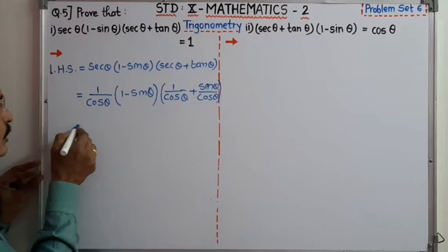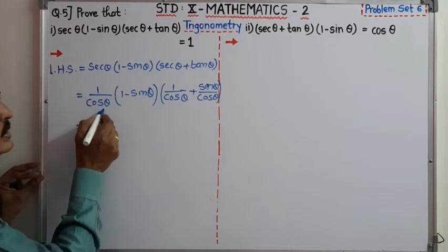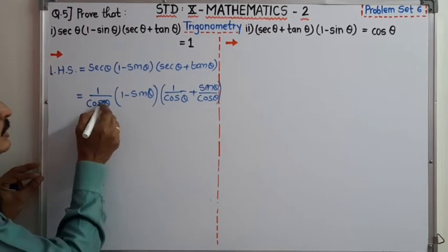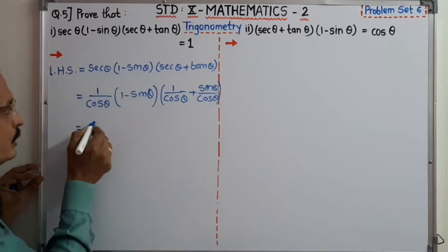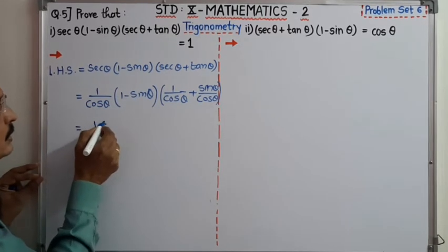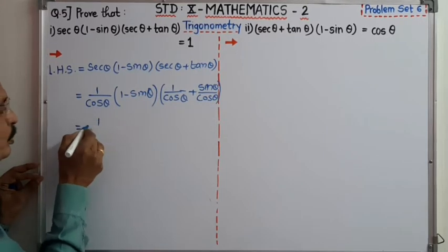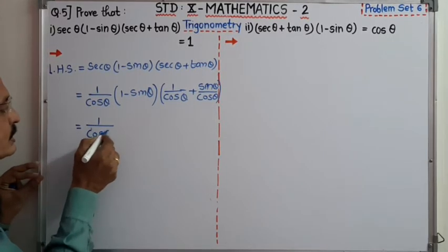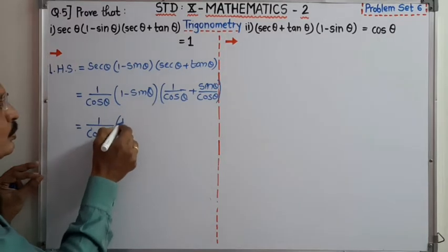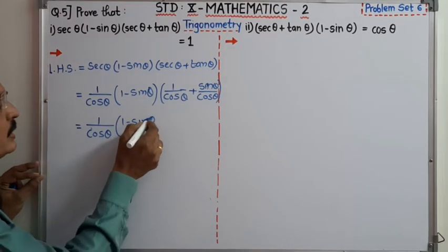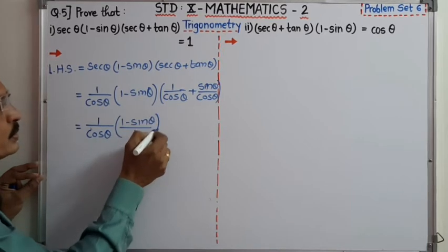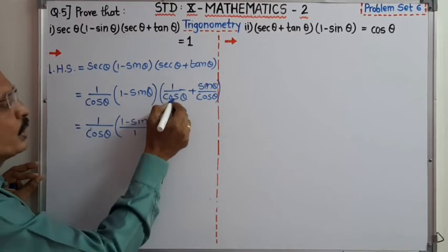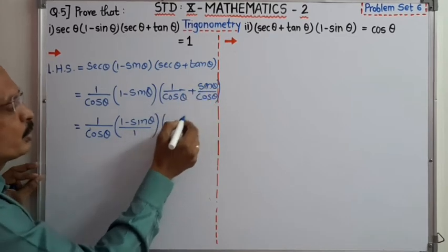Now observe this carefully. It is 1 upon cos theta. That means, see here, if we have to multiply this, then it is 1 upon cos theta into 1 minus sin theta upon 1. Got it? Now see dear student, here it is 1 upon cos theta plus sin theta upon cos theta.